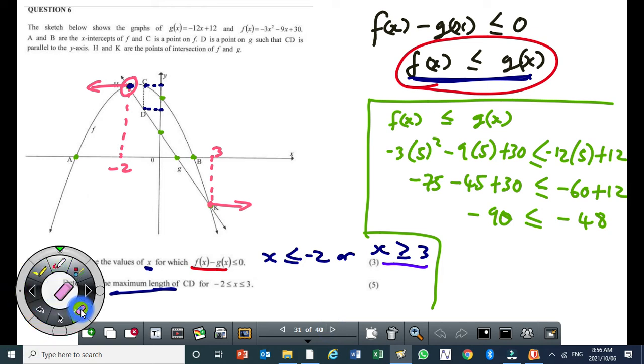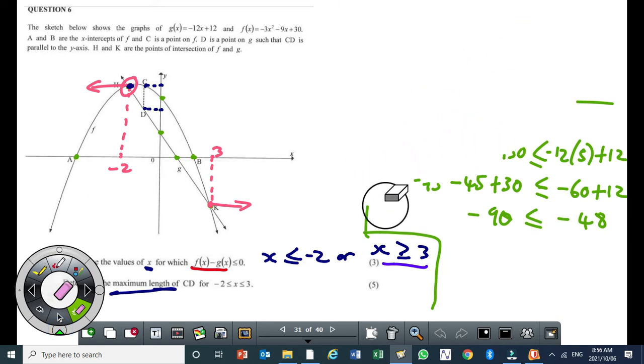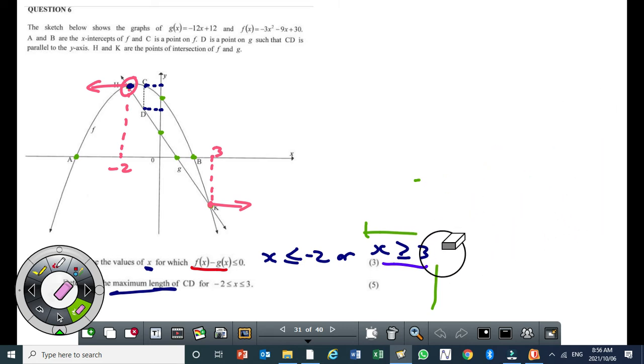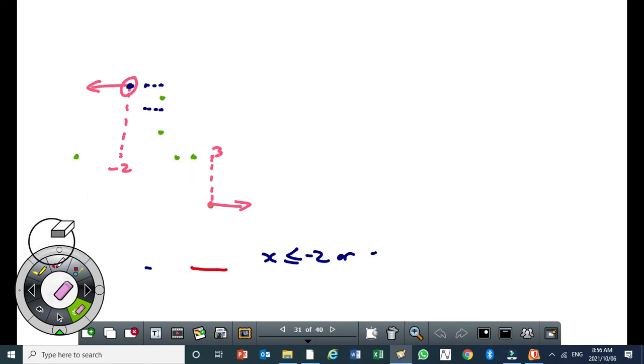Let me just erase some of the things that I wrote here, because I need space. This could be a problem.